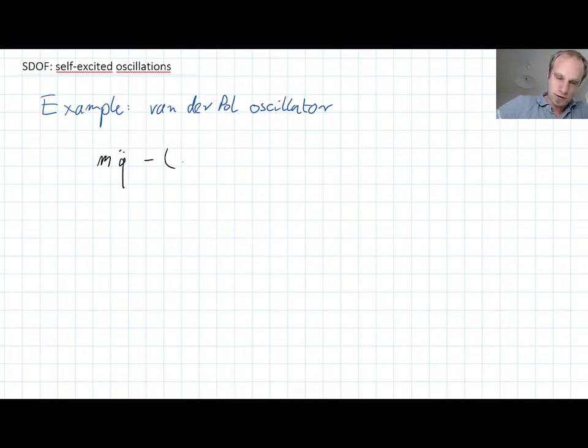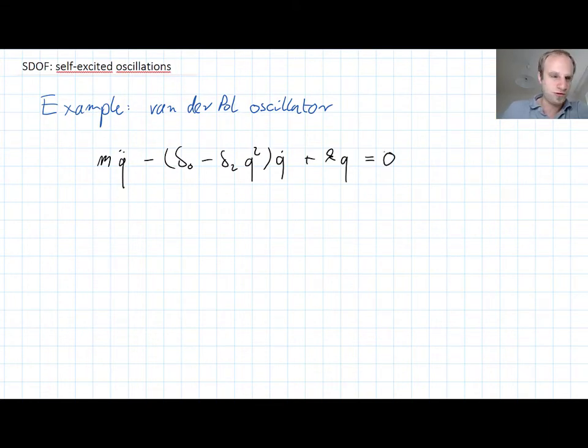We have a negative linear viscous damping term and some nonlinear term here going with the square of Q. And then we have the linear elastic forces, and then everything is zero, so that we still have an autonomous system. And we will assume that the coefficients here are all positive. So m, k obviously are positive, delta 0, delta 2, all are positive.